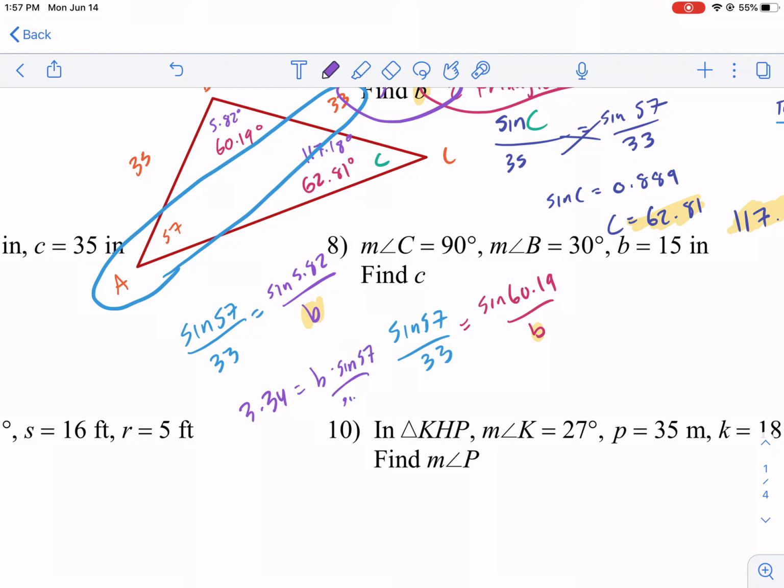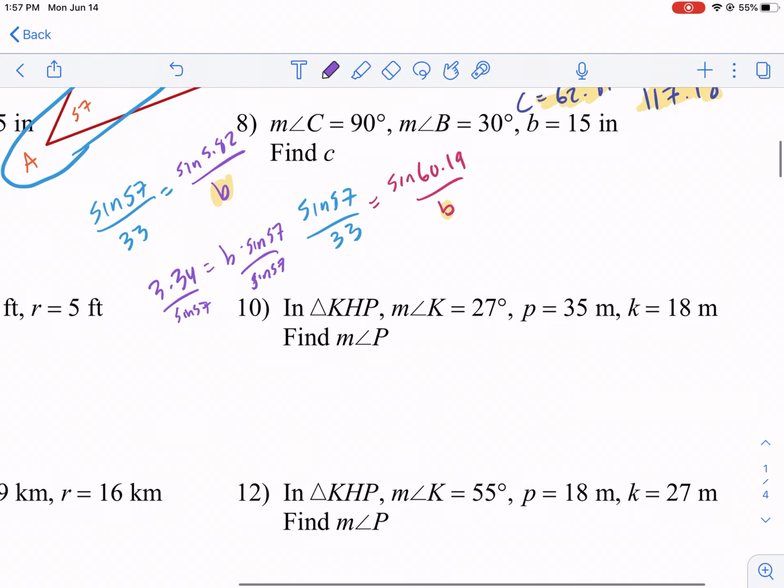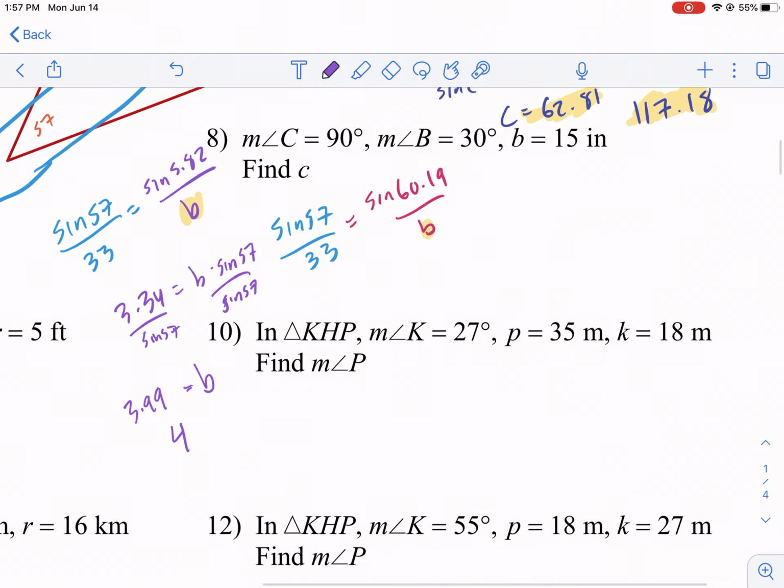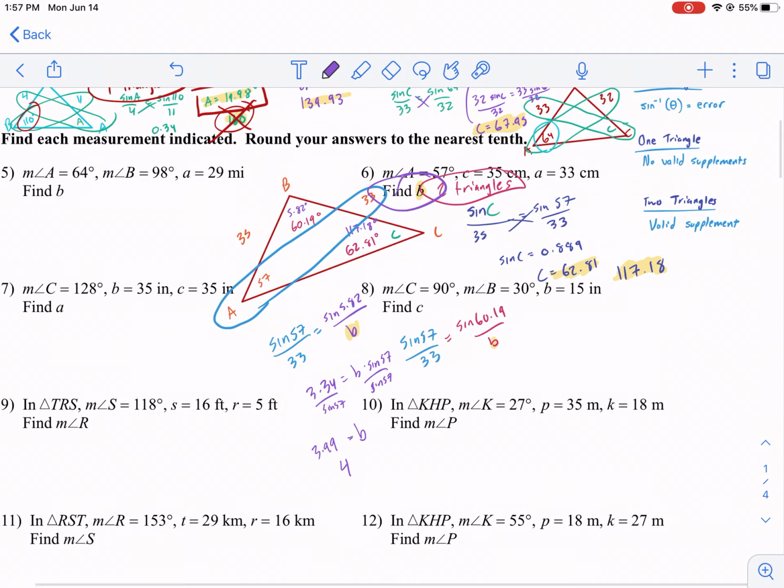So now I'm just dividing by sine 57 to both sides. Okay, I didn't write out everything, but I did write out a little bit. Okay, so I'm dividing by sine of 57. So I got b equals 3.99. Okay, so that's about 4. I'm guessing it wants us to round to the nearest tenth, so that is 4. And what are the units? Centimeters. So that's one of our answers.